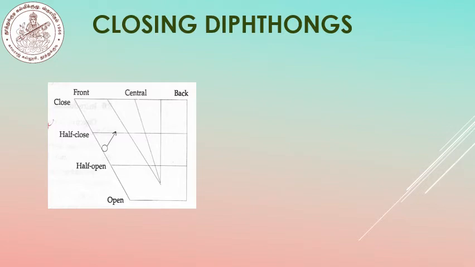Alright, now let us go on to the first closing diphthong, A. In this symbol, E and I, the first one, E, you can see in the front vowel as in the word set. This sound is marked in the front vowels between half close and half open.